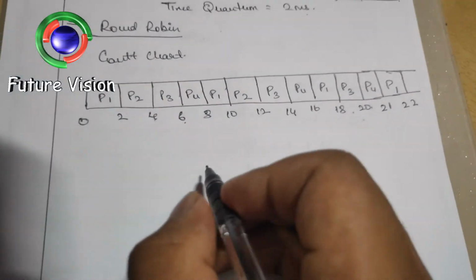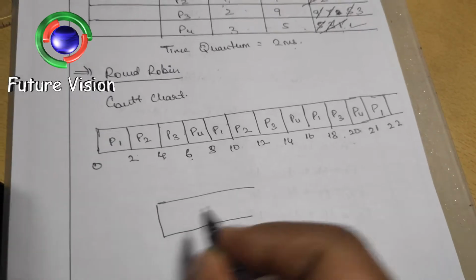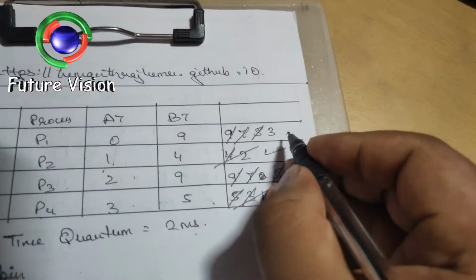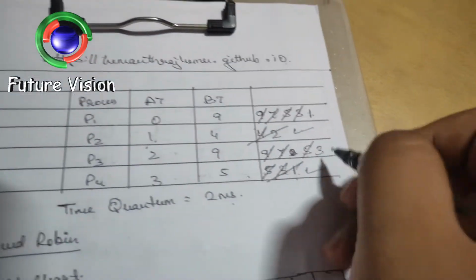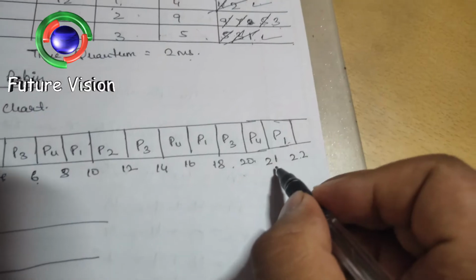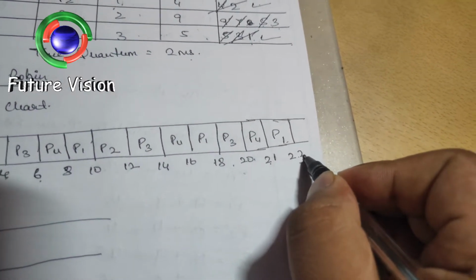As there is no space, I'll draw the continuation of the Gantt chart here. It starts from 22 milliseconds. As we know, P1 executed for 2 milliseconds. Therefore, I'll reduce it by 2. The remaining is 1. Next is P3. 22 plus 2 is nothing but 23.